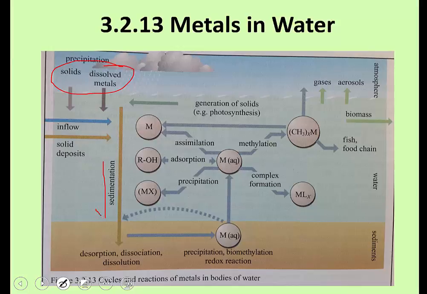We do get some sedimentation. We do get some of them bound up in the soil, but they don't necessarily stay there. They end up cycling through. We can have a variety of ways. So if this is our metal dissolved in water, M for a generic metal in aqueous solution, it can either get adsorbed onto something or bound to another ion.